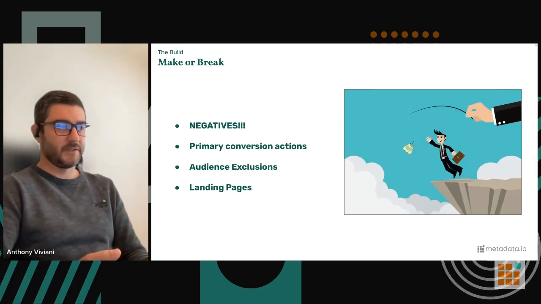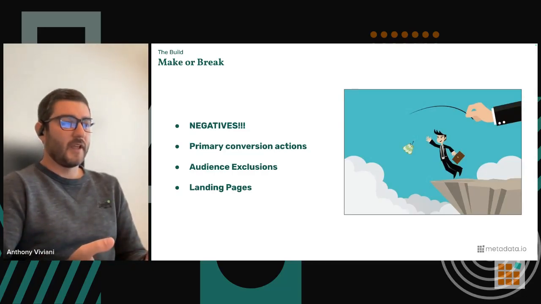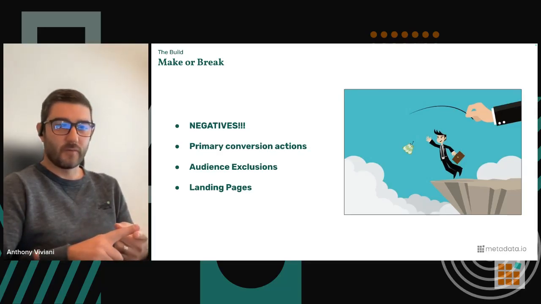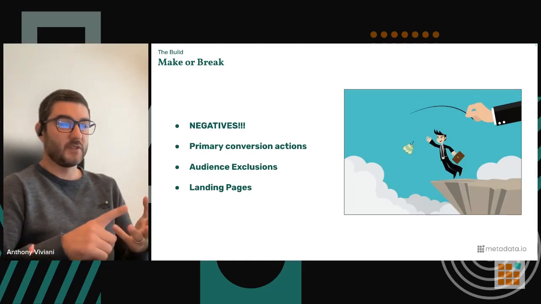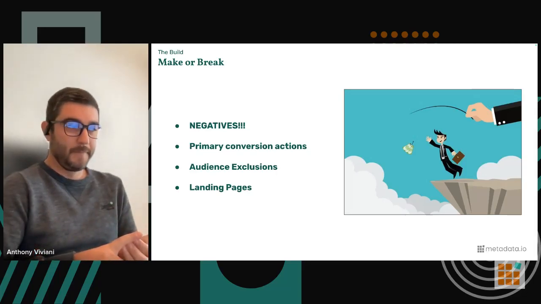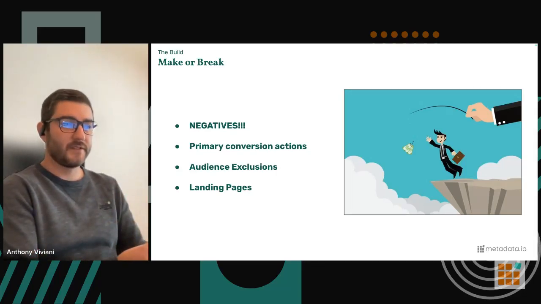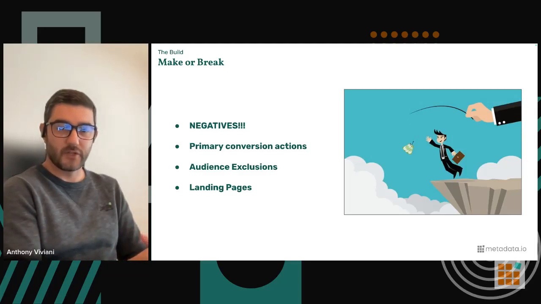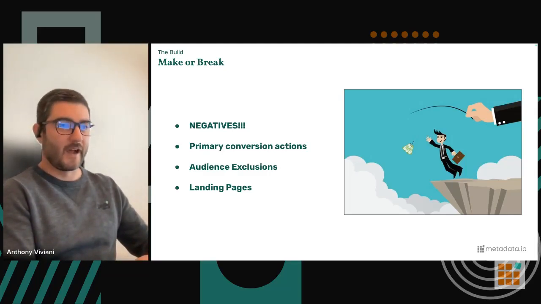Primary conversion actions. This is another big one. And we've seen plenty of times where a lead form submit or a demo request is weighted the exact same as a content download or a newsletter subscribe. Those have their place, maybe on a retargeting campaign for social or an RLSA.